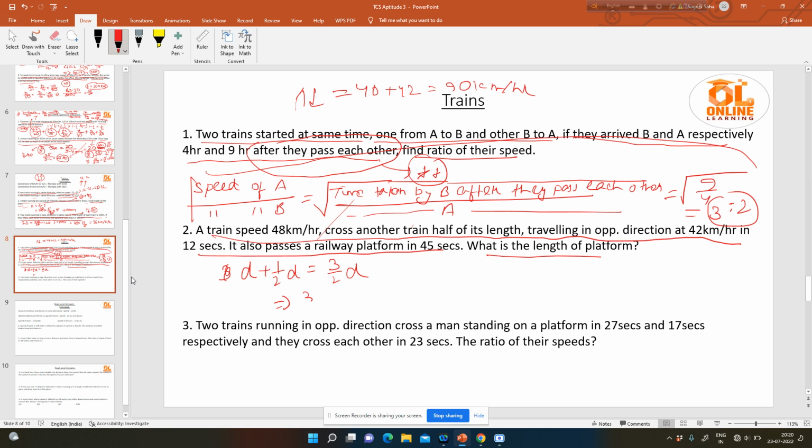So 3 by 2 d, that is the distance or the length, is equal to speed into time.